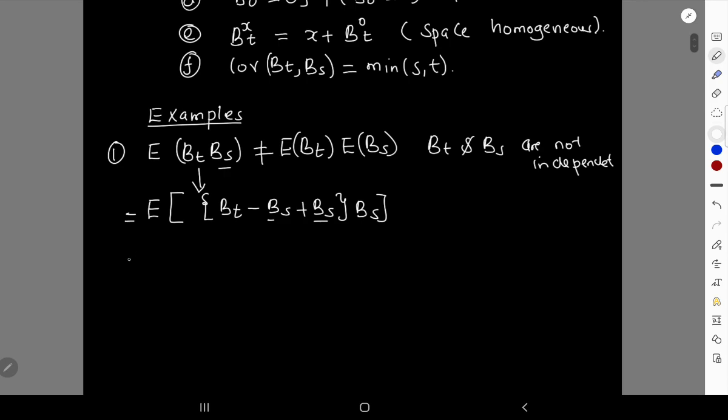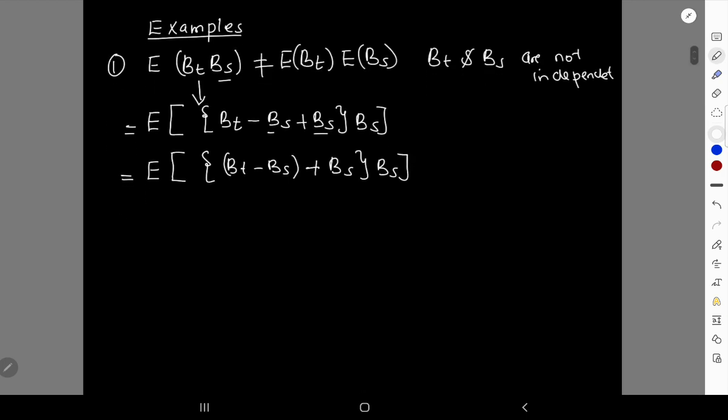This one we can group and write as (B_T minus B_S), now this is an independent increment, plus B_S. And now we can open the bracket.